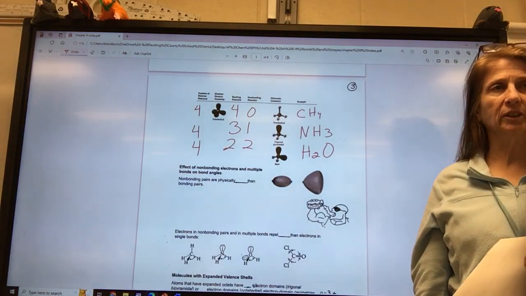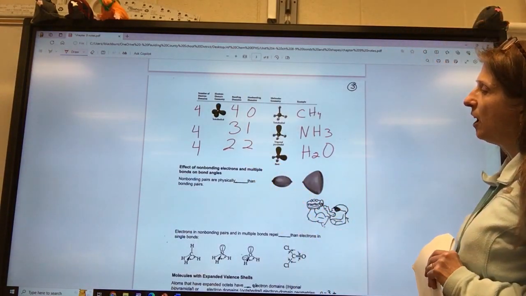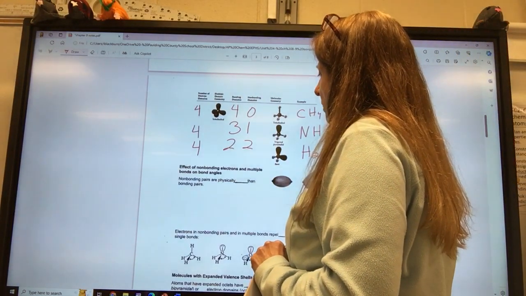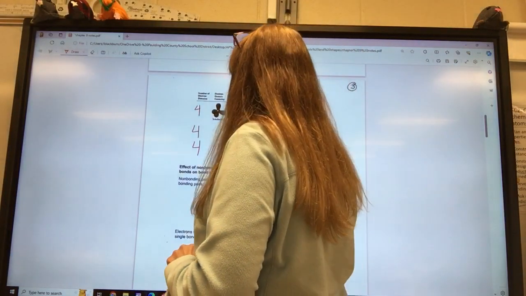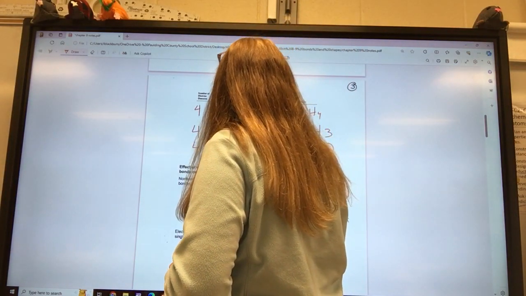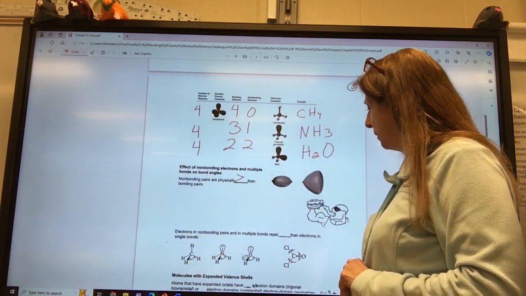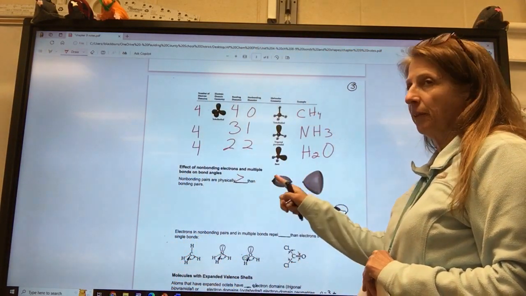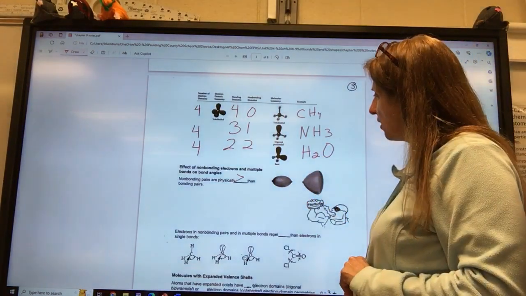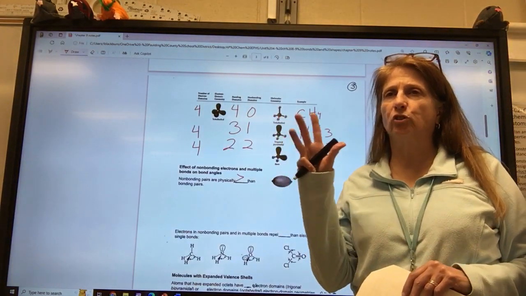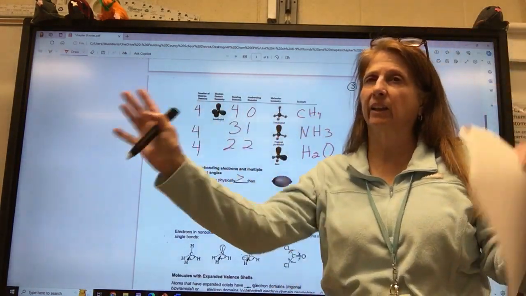Okay, good so far? Honors plus just a little bit. Effects of non-bonding electrons on bond angles. Non-bonding pairs are physically greater than bonding pairs. So they're bigger, and that causes them to be a little stronger, and they push the other bonds away a little bit more.